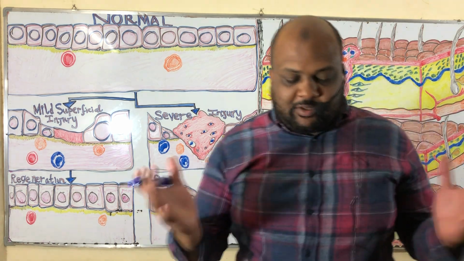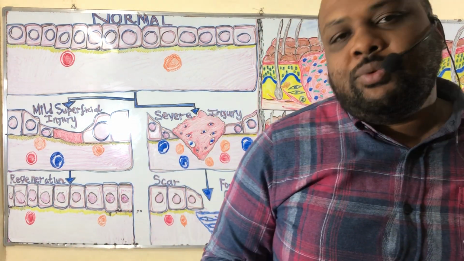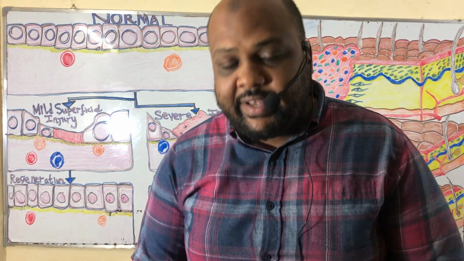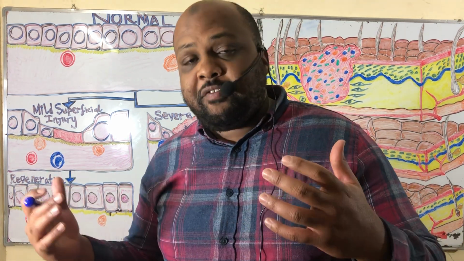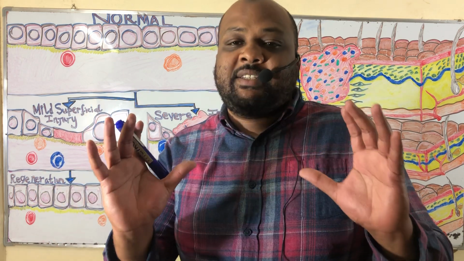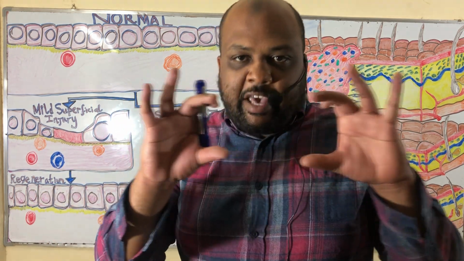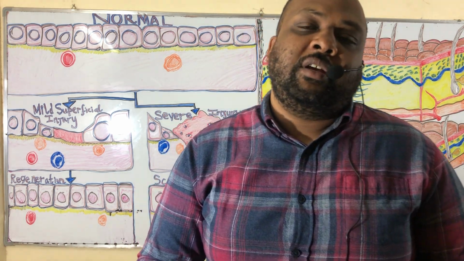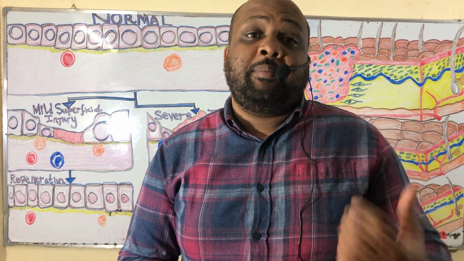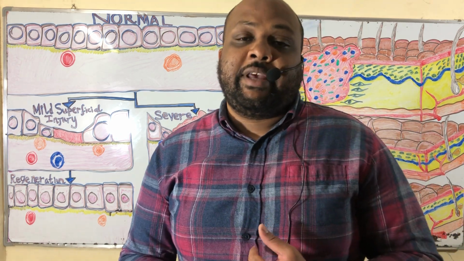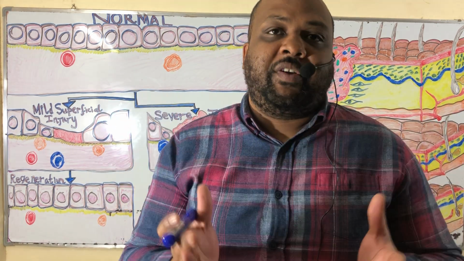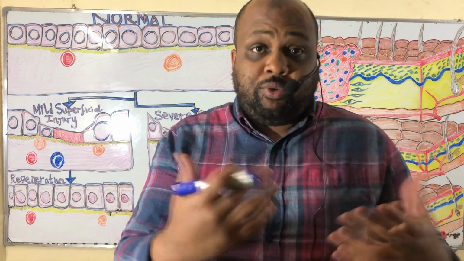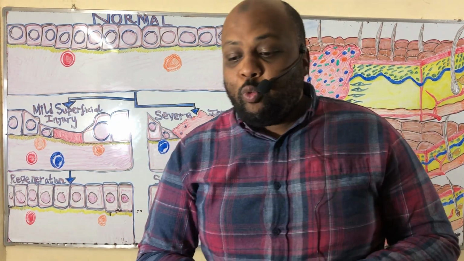So these two types of injury heal by two different mechanisms. These are healing by regeneration, if our injury is localized and limited to the epithelium layer, and then the other type of healing or repair is healing by fibrosis, and that only takes place if the damage is so severe that it goes beyond the epithelium layer and into the underlying tissue.